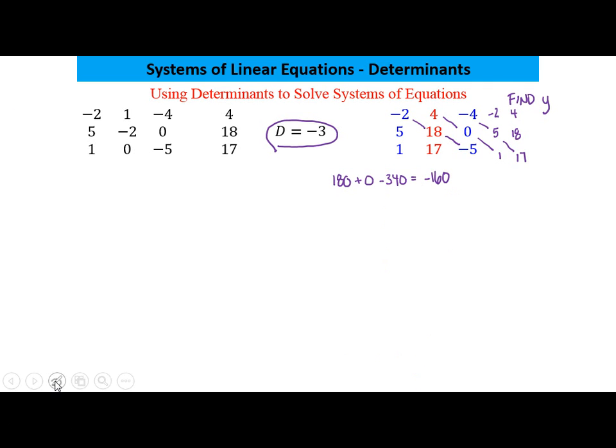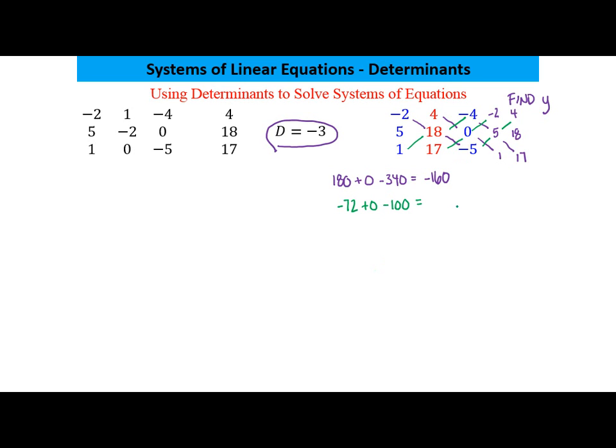Okay, now I'm going to go up. I'm going to change colors. 1 times 18 times negative 4. Wow, good job. Then this one is 0. And then this one, negative 100.